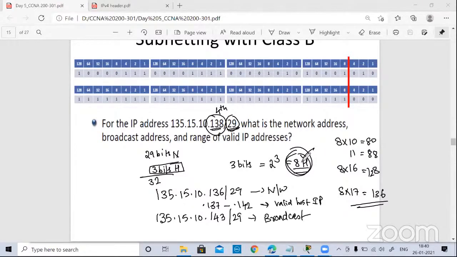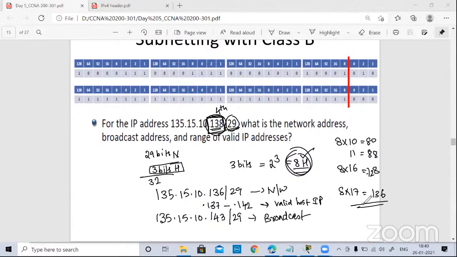So I'm just checking that, and since it is given /29, that means it is greater than 24, so I have to concentrate only on the 4th octet, the value which is 138 given to me. On the 4th octet, I just check what the nearest multiple of 8 is in the last octet.